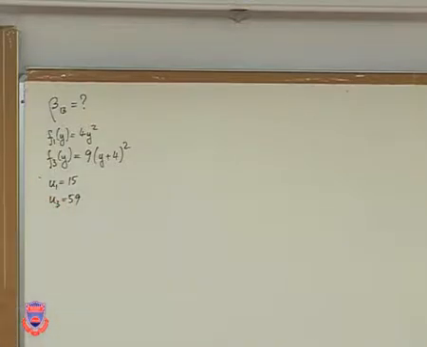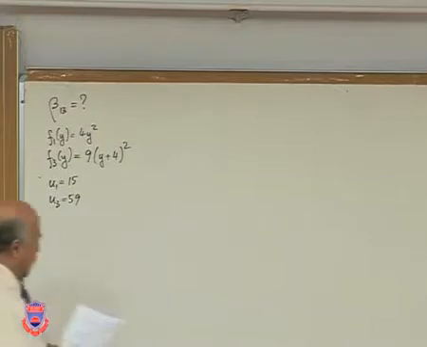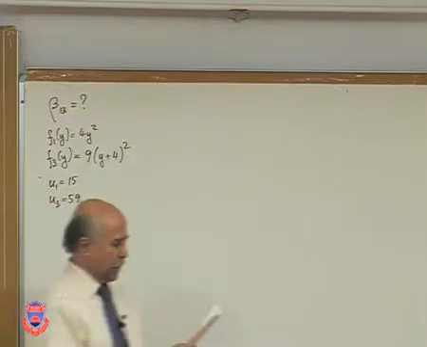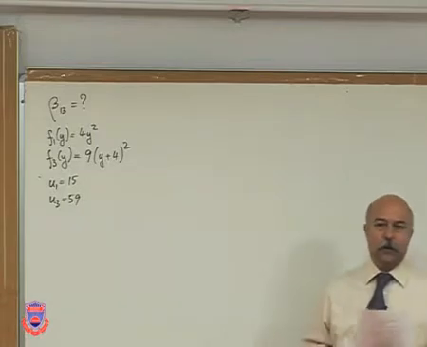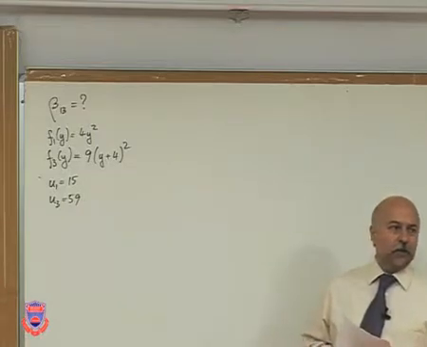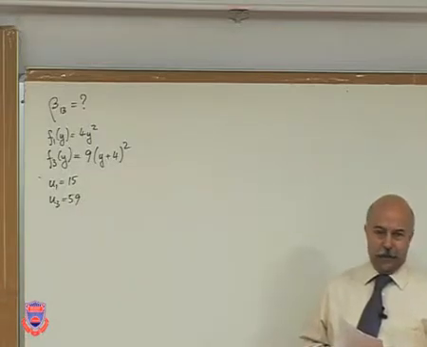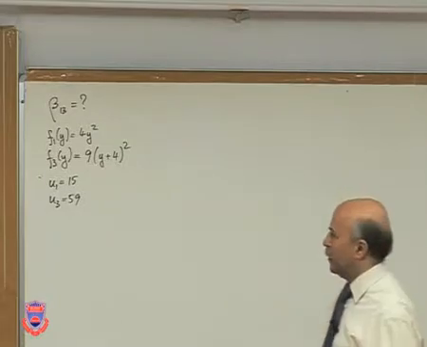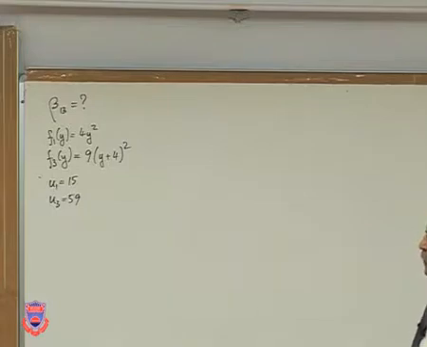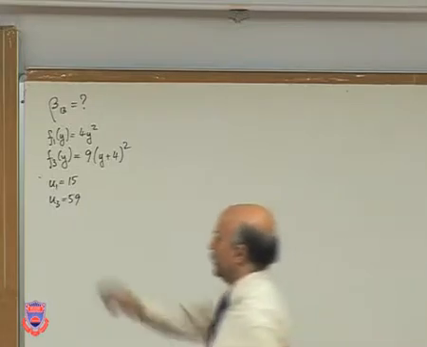U1 is 15, U3 is 59. Is there a feasible solution? Yes. Did I give you a computational formula for computing beta ij? No. There's a formula. Nevertheless, let's just go with some reasoning out of the constraints.